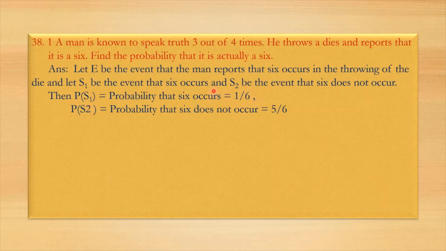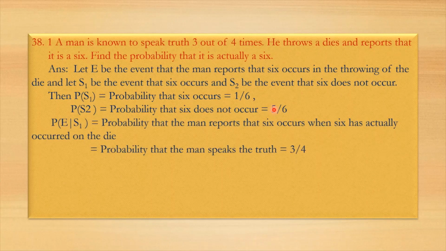So what is the probability of S1, that is, the probability that 6 occurs? That is nothing but 1 by 6. Out of 6 there will be 1 possibility. And the probability that 6 will not appear is definitely 5 out of 6. Next, they have given the probability of E given S1, the probability that the man reports 6 when 6 actually occurred, is 3 by 4, because they have said he speaks the truth.